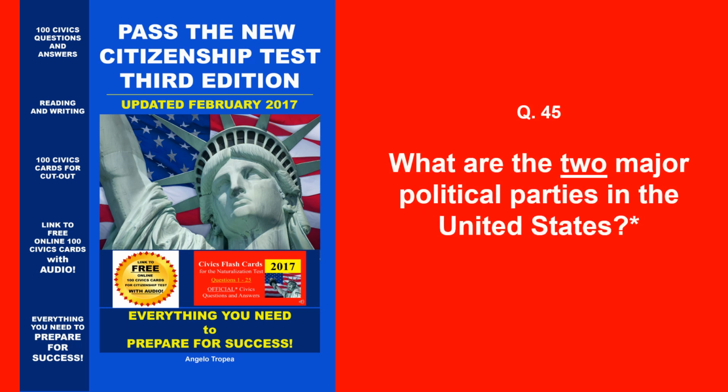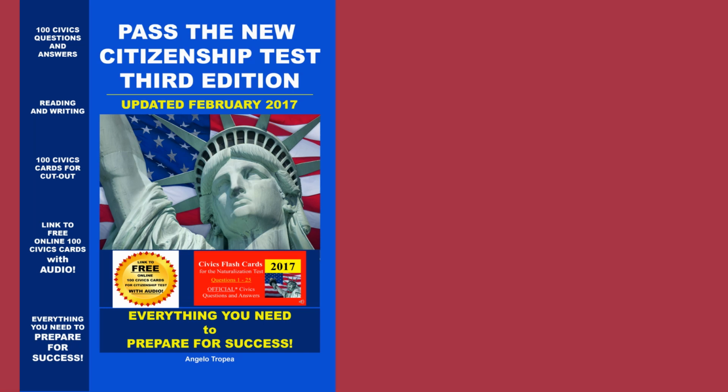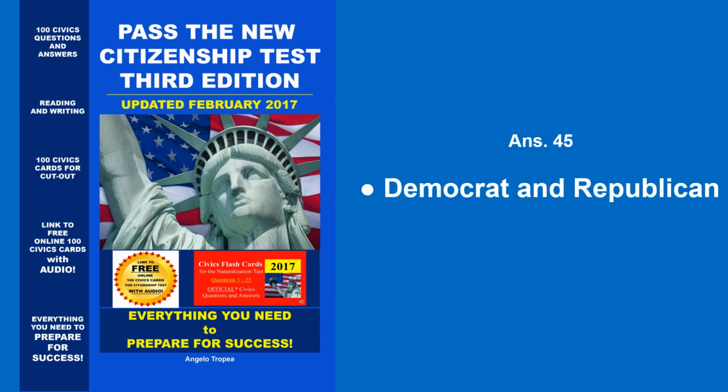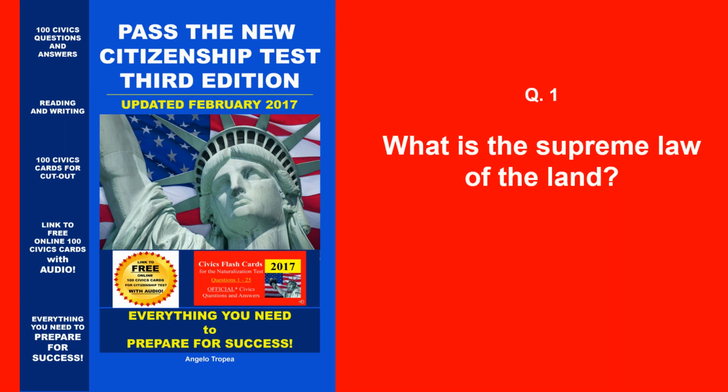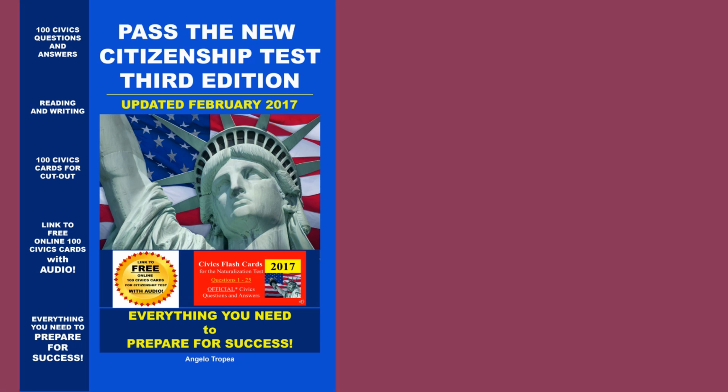What are the two major political parties in the United States? Democrat and Republican. What is the supreme law of the land? The Constitution.